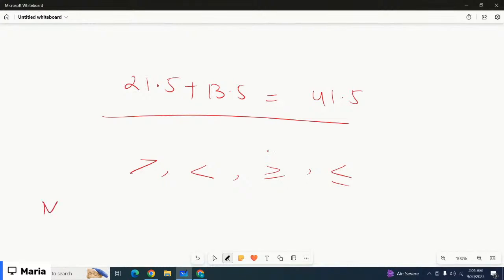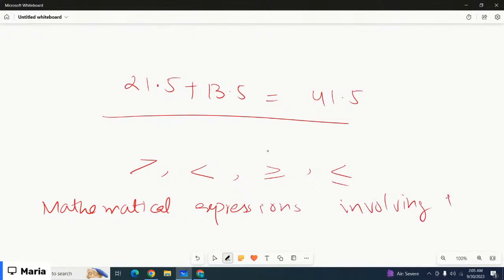Inequalities are mathematical expressions involving the symbols less than, greater than, less than equal to, greater than equal to, right?